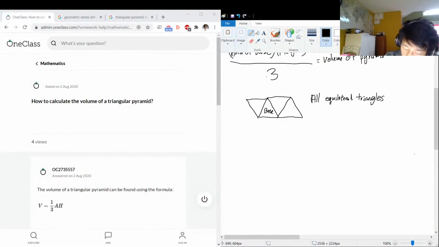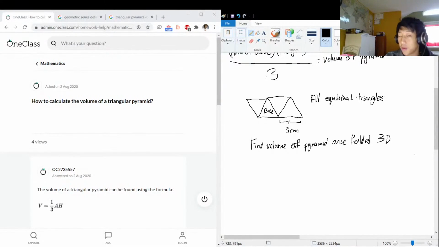Yeah, this definitely works. And let's say the equilateral triangle has a side length of 3 centimeters. So find volume. Volume of pyramid once folded 3D.